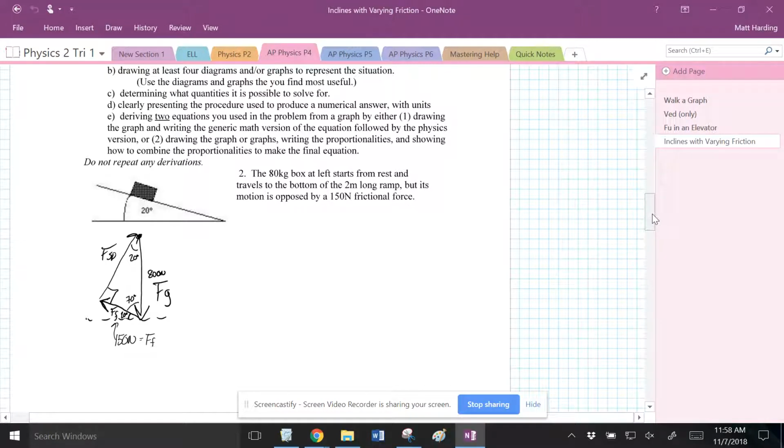We're dividing. 1.09 seconds. Divided by 2.